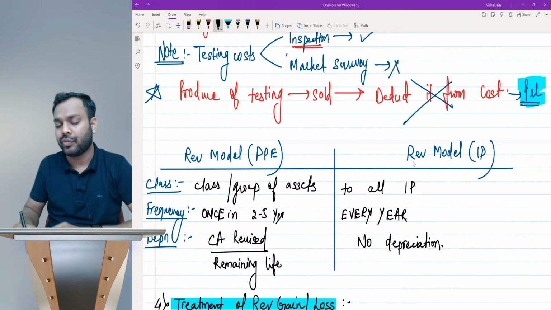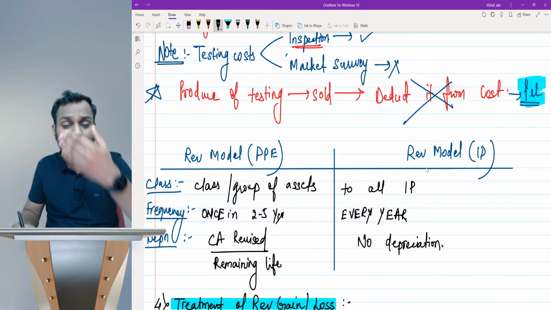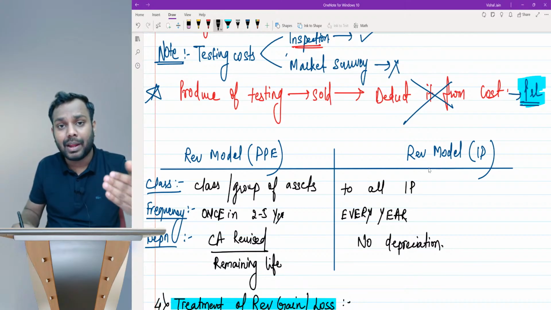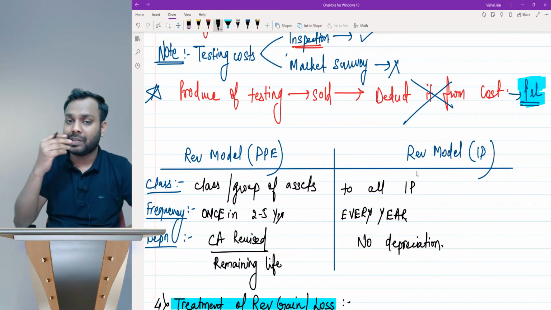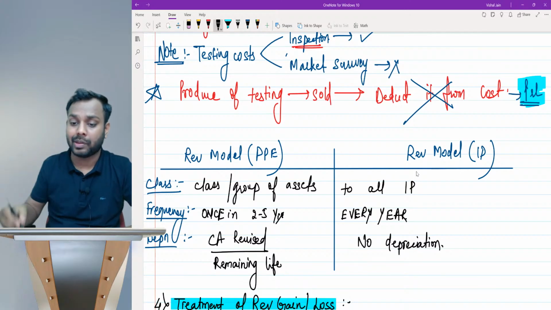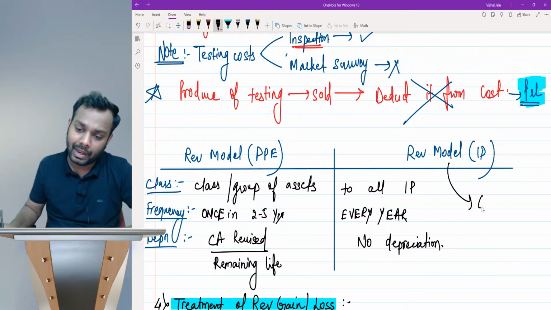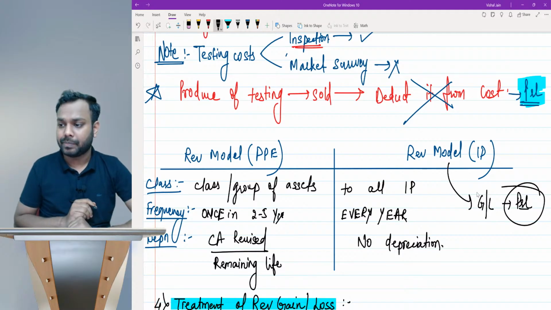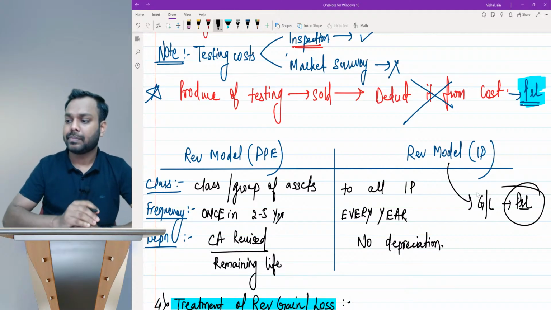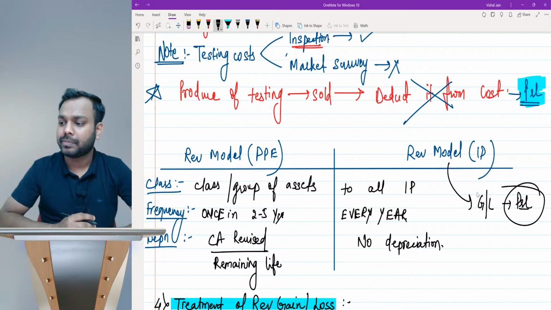The fair value changes of investment property on revaluation go to P&L, and that is the charge to P&L. No specific depreciation is charged. So you can write here gains or losses is transferred to P&L. Is that clear, guys?